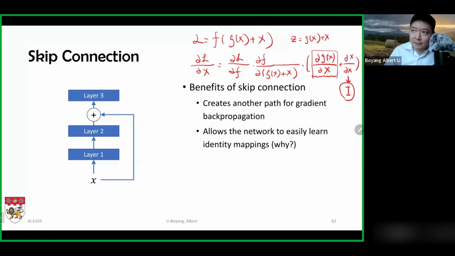And this kind of resets the gradient in a way so it becomes large enough for optimization to function properly. Another way to think about this graphically is that, typically, without the skip connection, the gradient flows this way, but with the skip connection, we're having one more path for gradient to flow back.